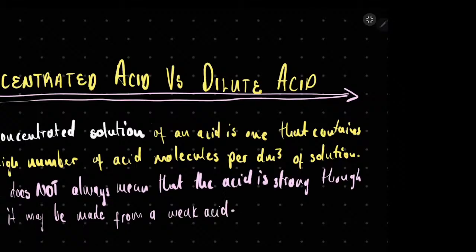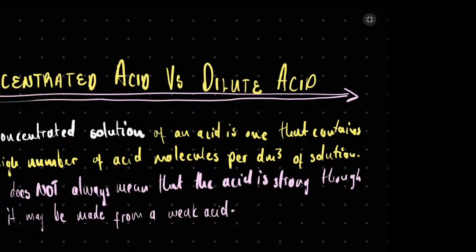This solution could be very concentrated, but made from a weak acid, so it's still not strong. So I want you to say, when we talk about concentration, we are talking about the amount of acid per dm cubed of the solution. That is what we are looking at, okay?